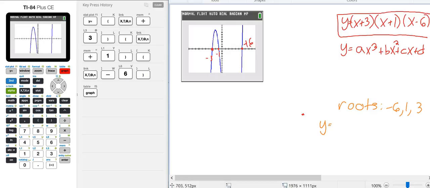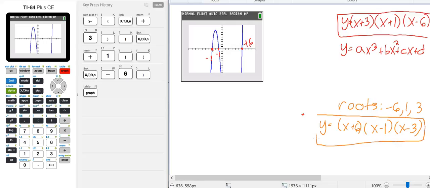So you just do y is equal to x plus or minus something, x plus or minus something, and x plus or minus something. We always switch the sign of the roots and just fill it in. So the negative 6 is going to become a plus 6. The positive 1 is going to become a negative 1. And the positive 3 is going to become a negative 3. And this would be an equation for the polynomial with roots of negative 6, positive 1, and 3.